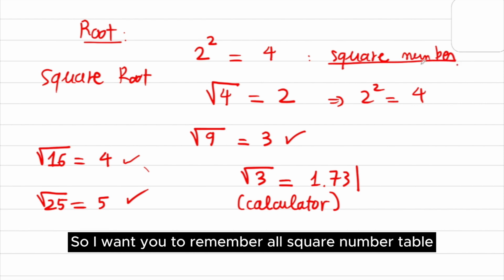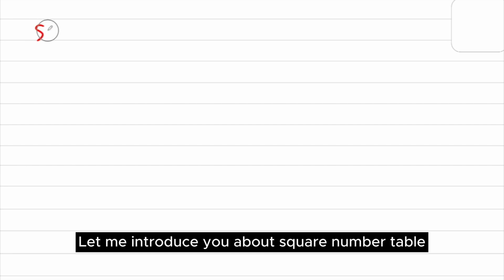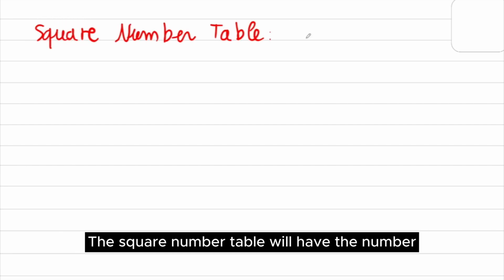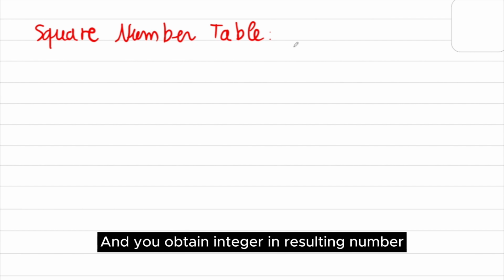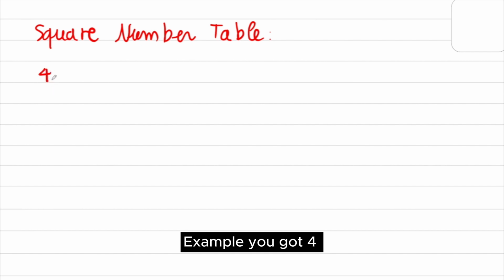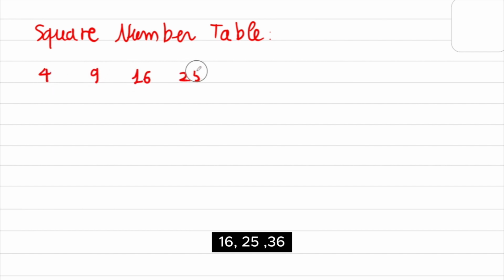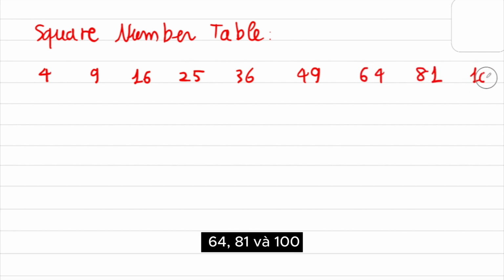I want you to remember your own square number table. Let me introduce the square number table. It contains the numbers whose square root you can take and obtain an integer as the result. For example: 4, 9, 16, 25, 36, 49, 64, 81, and 100.